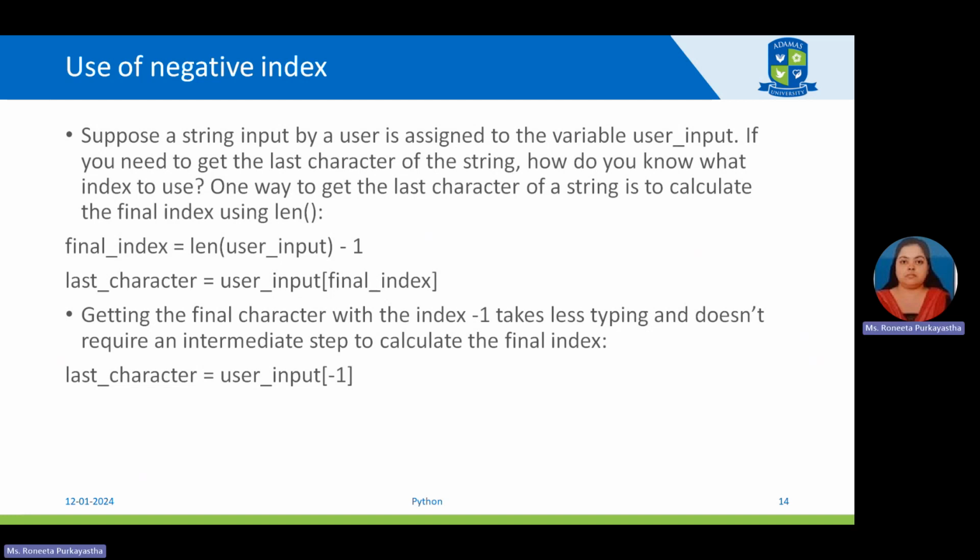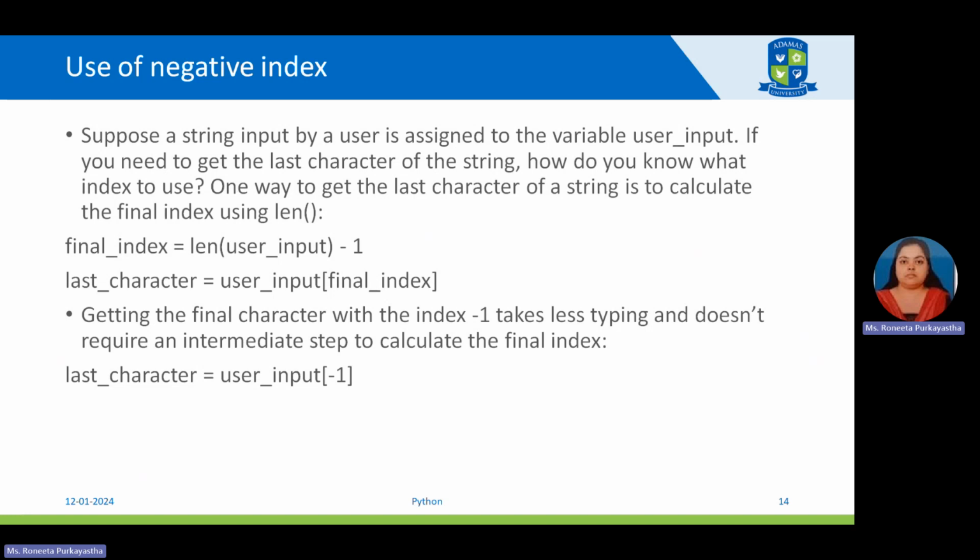So how are you going to get the last character of a string? You do not know what will be the length of the string. So how can you calculate the last character of a string? Since different strings will have different lengths, right? So if you use negative indexing, then it's just one line of code.